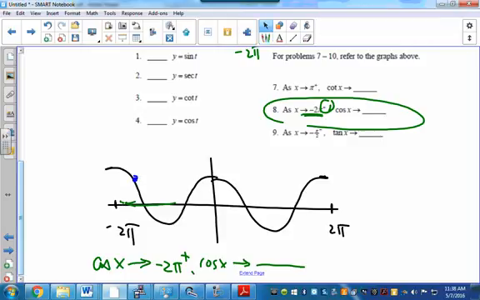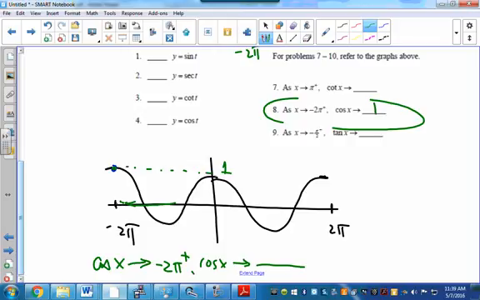As x was getting closer and closer to negative 2 pi, this point kept rising higher and higher and higher. And in fact, when you got to negative 2 pi, the point was exactly right there. It was exactly at this height, which was 1. And that was the answer to this problem. As x approached negative 2 pi from the right, the cosine was approaching 1.